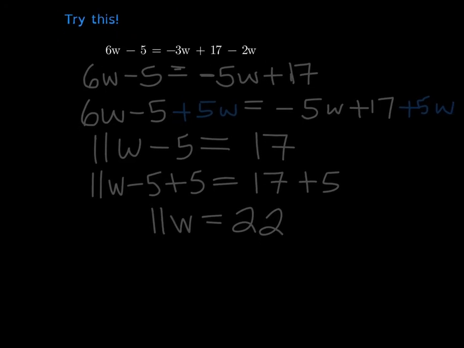So our last step is going to be to divide both sides by 11. We do this to both sides, and it gets the w by itself. Because divide and multiply by 11 cancel out. 11 goes into 22 twice, so w equals 2.